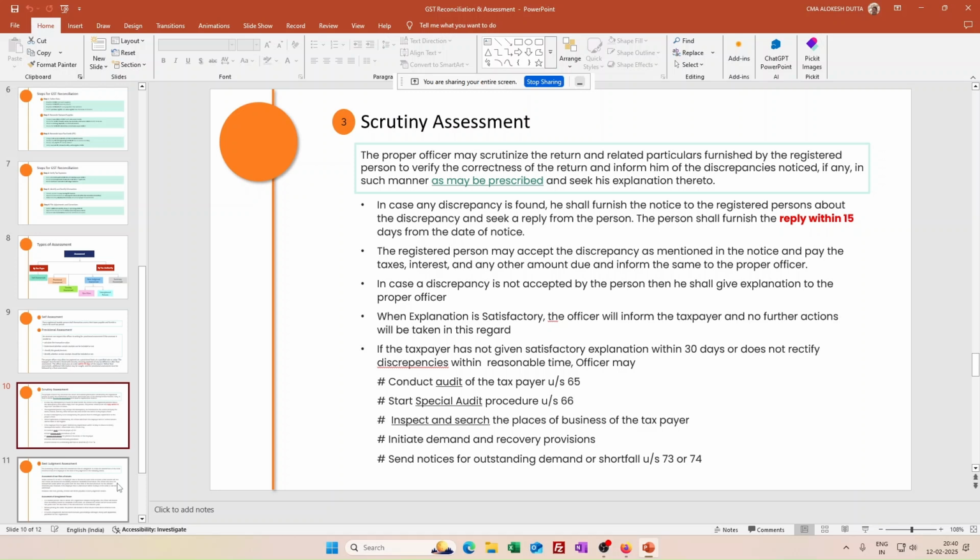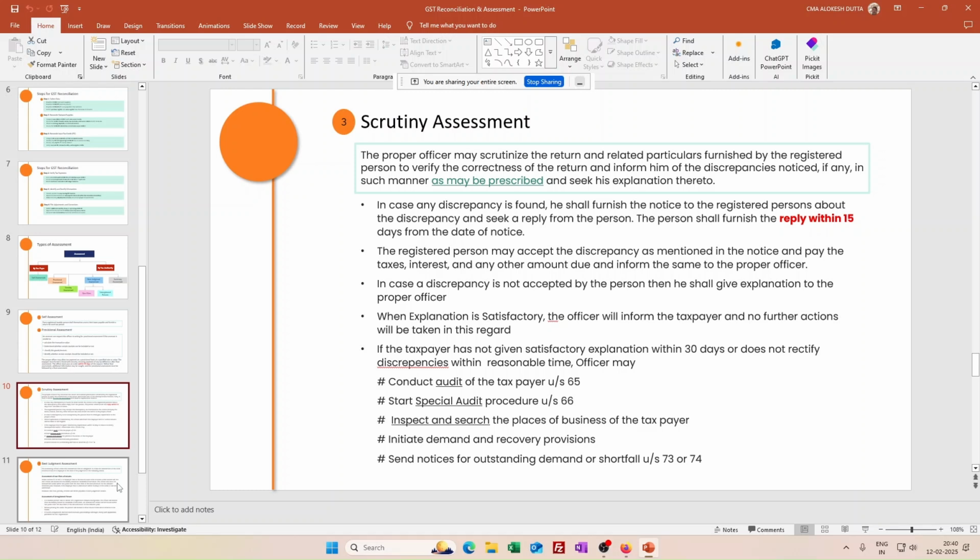That means the proper officer should scrutinize, verify and examine the different records you have produced through the return. And if he finds any discrepancy, he can seek any explanation or further information. And in this case, the reply should be given within 15 days.